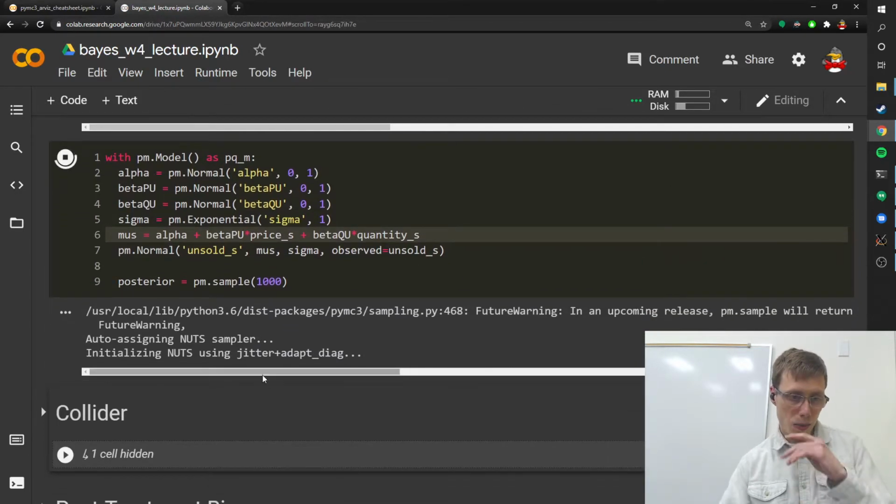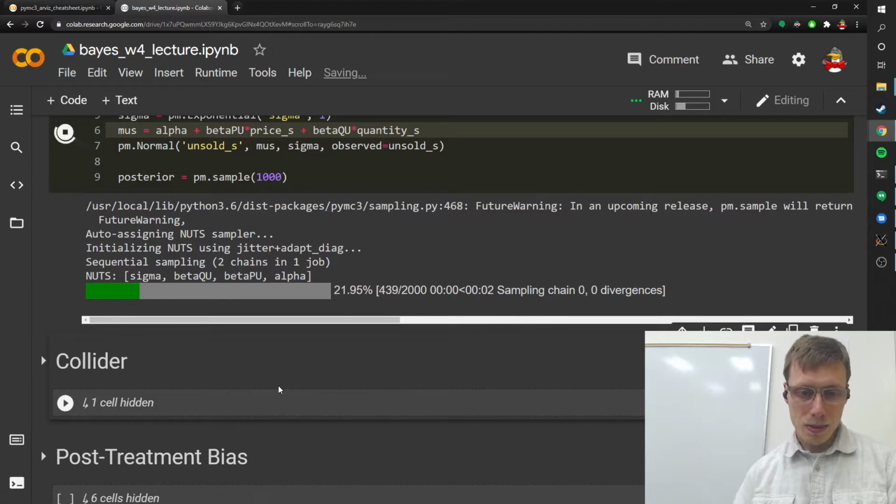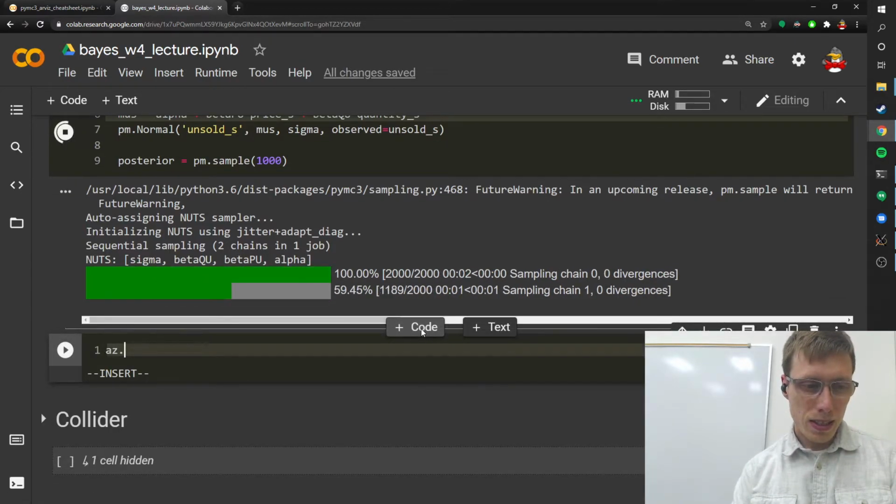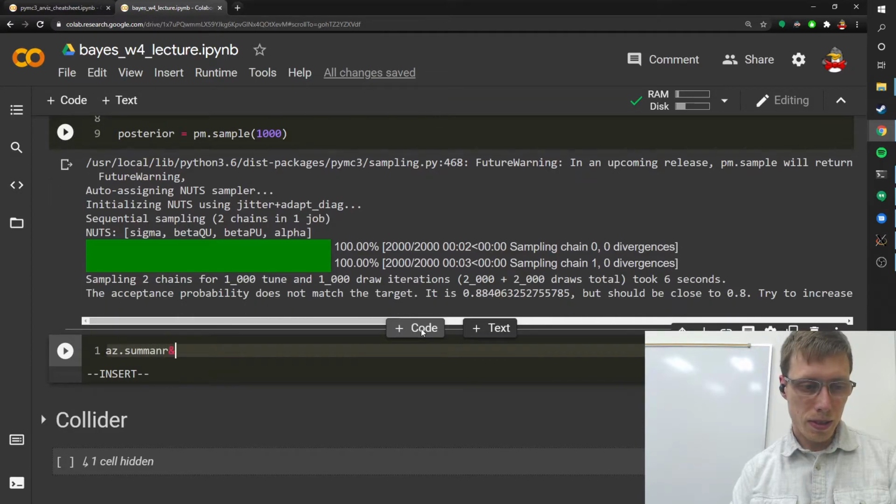So now what's going to happen? Let's take a look at it. This is where things get a little bit exciting. az.summary of the posterior. Oh, what's going on there? Acceptance probability. Yeah, we can increase the tuning, but it's not a serious issue.